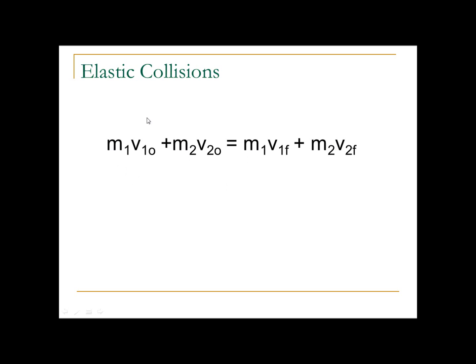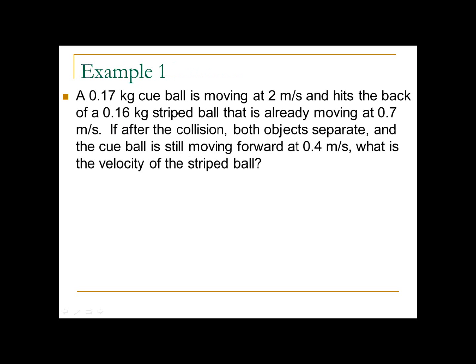However much momentum we had in the beginning between our two objects, we will have in the end between our two objects. So momentum is conserved. Momentum in the beginning is equal to momentum in the end.